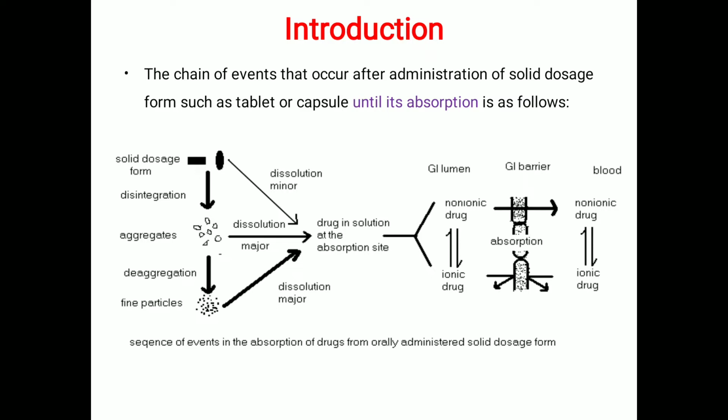The ionic drug cannot cross the GI membrane, as we discussed in the previous lecture that only non-ionic or unionized drug molecules can cross the gastrointestinal barrier. So these are the series of steps which occur before absorption as well as during the absorption.